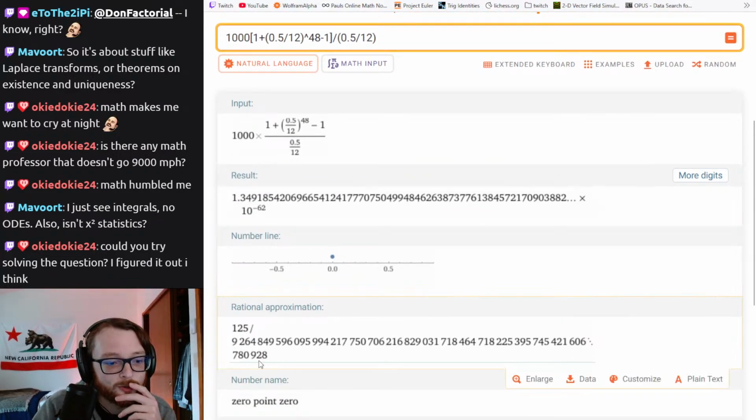That's a hell of a rational number. How many digits is that? 3, 6, 9, 12, 15, 18, 21, 24, 27, 30, 33, 36, 39, 42, 45, 48, 51, 54, 57, 60, 63, 64. 64 digit number right there.